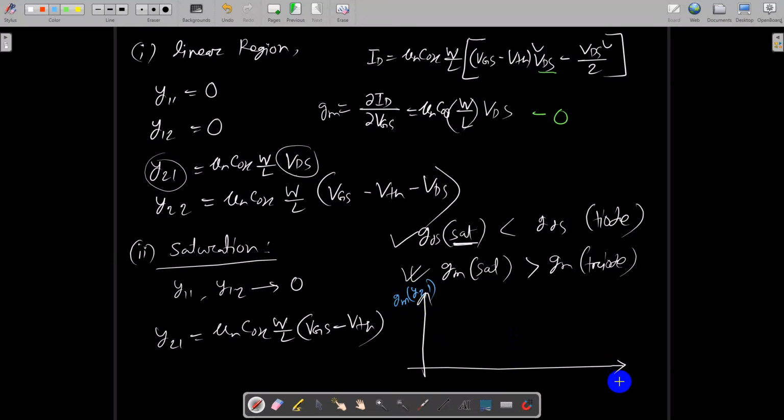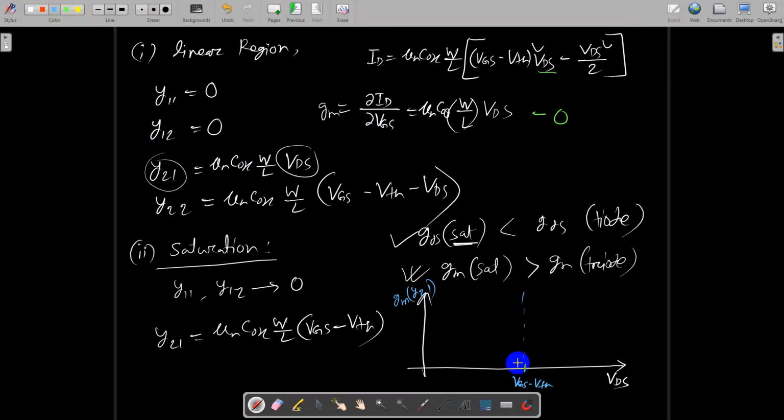Suppose this is your second port voltage VDS, and this is a voltage called your overdrive, VGS minus VTH. This is VGSQ, so this is the boundary.